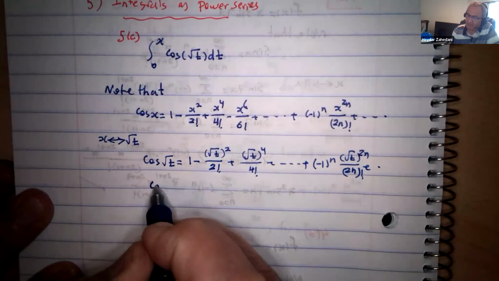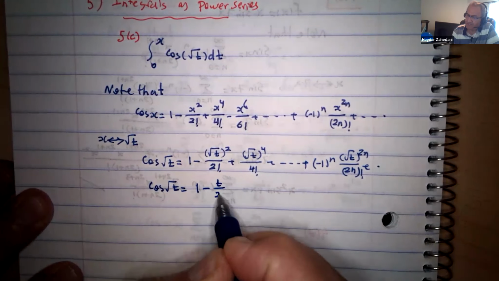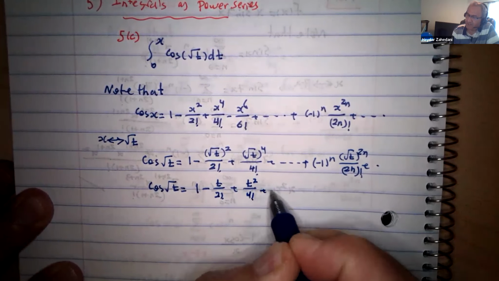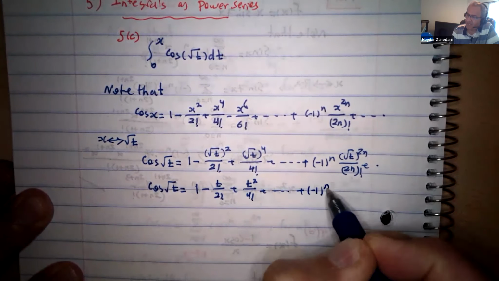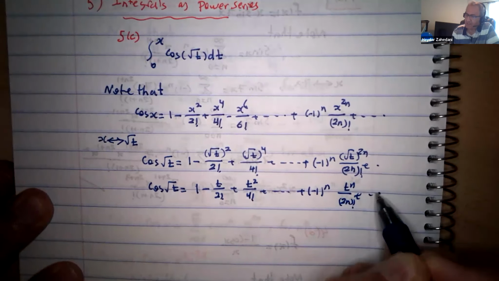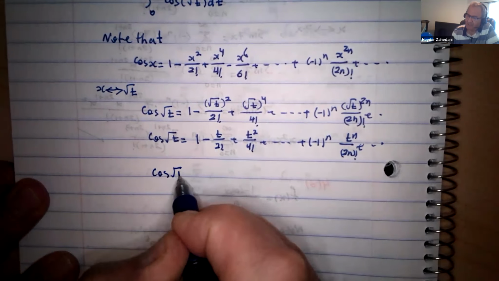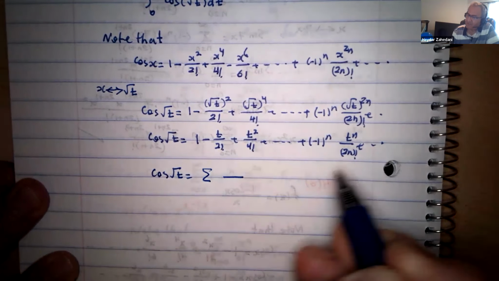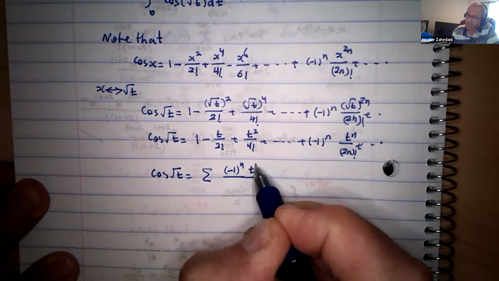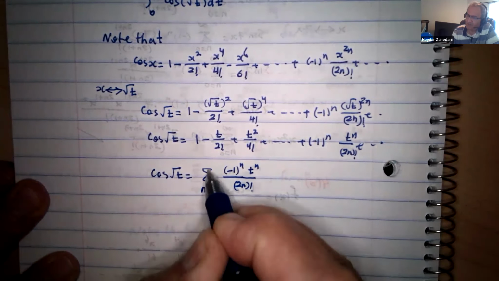So the cosine of the radical t is 1 minus t over 2 factorial plus t squared over 4 factorial, and in general form, negative 1 to the n, t to the n over 2n factorial. In sigma form, this is sigma of negative 1 to the n, t to the n over 2n factorial, n from 0 to infinity.